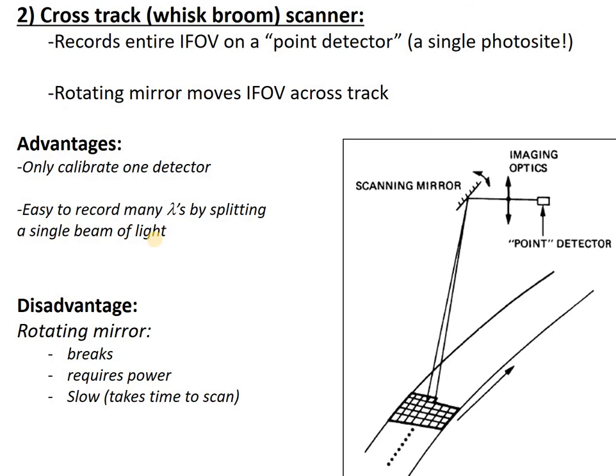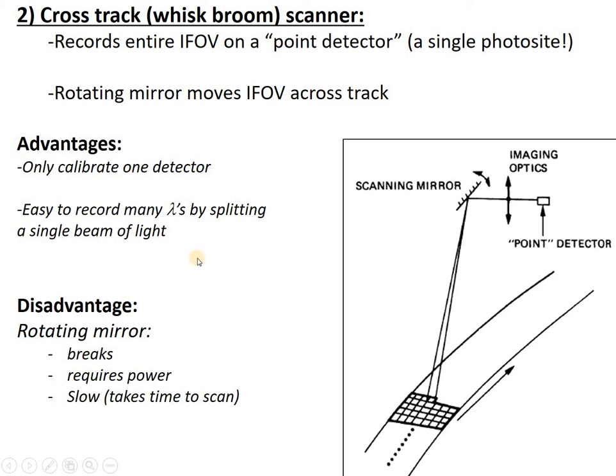Another type, a second type, is a cross-track or Whiskbroom scanner. You can think of it as a single detector, like a single photosite, a single semiconductor crystal of some kind, that is grabbing photons.